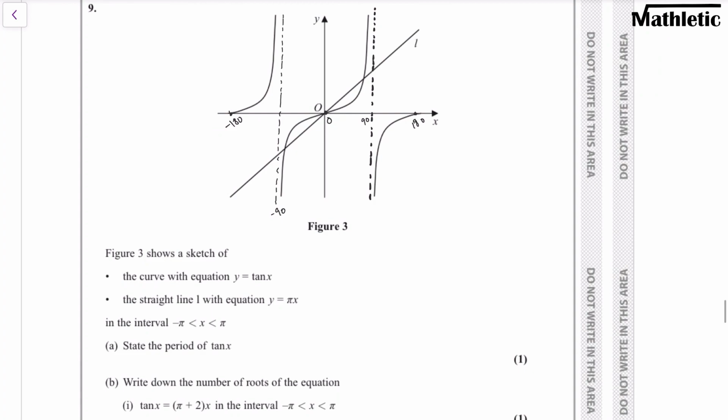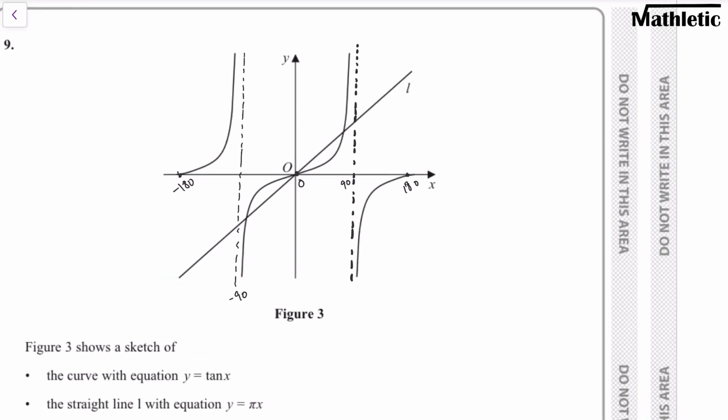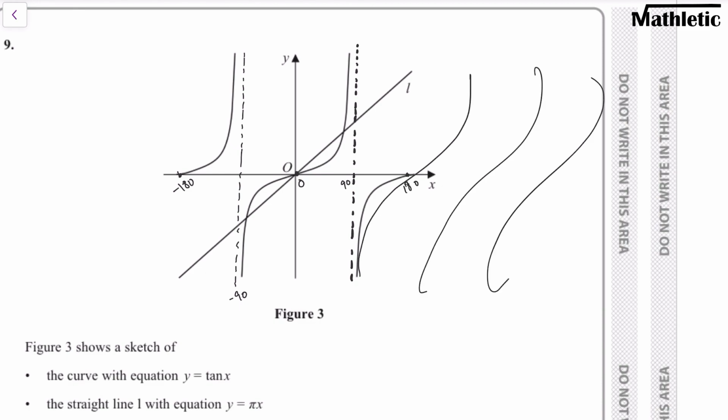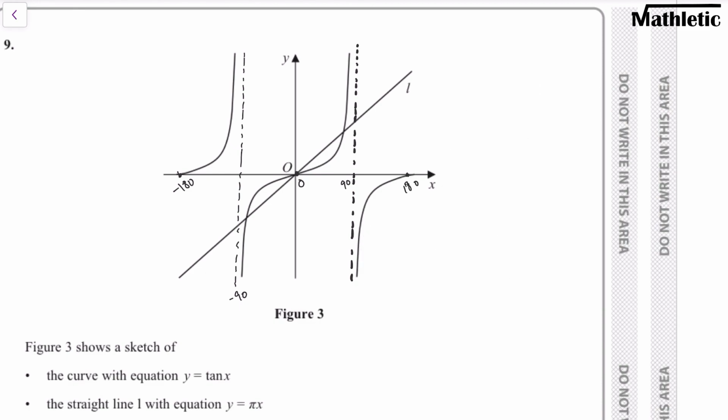For part A, we need to find the period of tan x. The tan x curve is just a repetition of one single cycle, right? Depending on the range, you just replicate the entire thing, both at the right side and the left side. But the basic curve of tan x is this part, this one complete cycle.